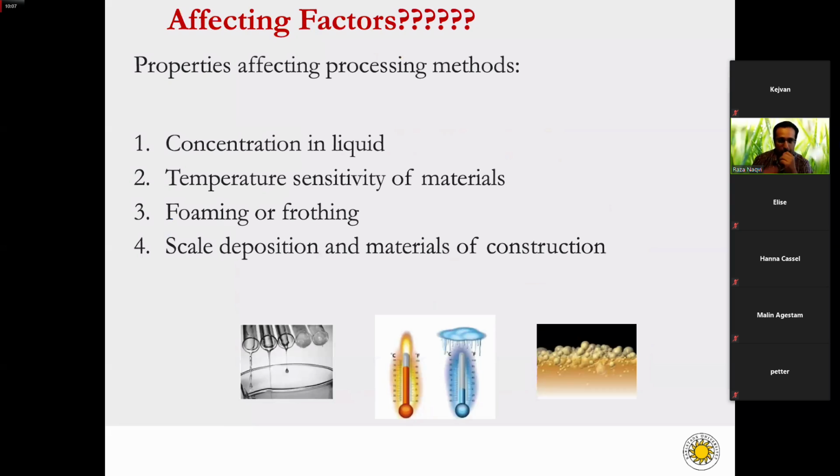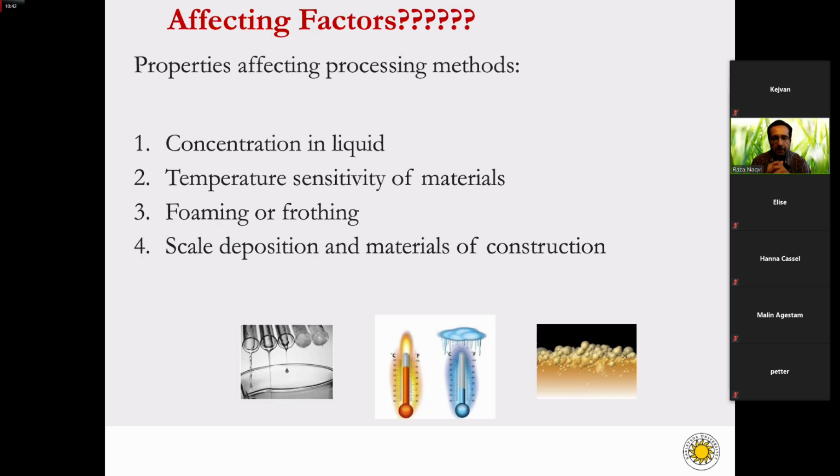There are a number of factors that affect the evaporation, and these are some of the most important properties of the liquid or of the material, or some drawbacks during the evaporation processes. One of the most important properties is the concentration of liquid. For example, if you have a very thick solution, it means it contains a lot of solute in the solvent, so it is very hard to boil that solution.